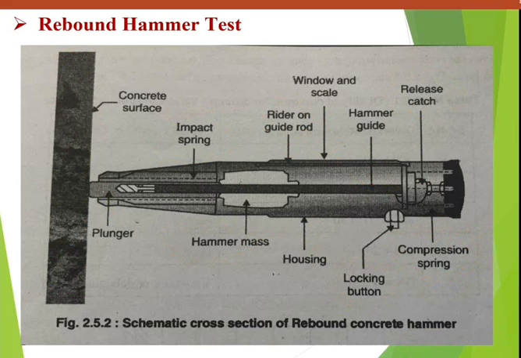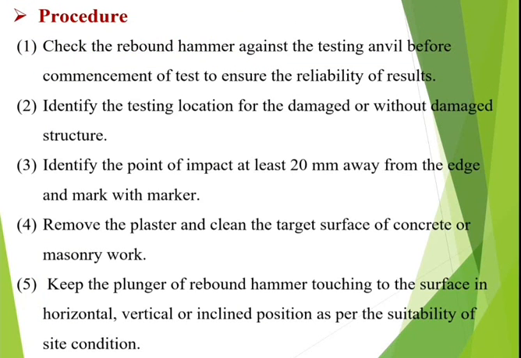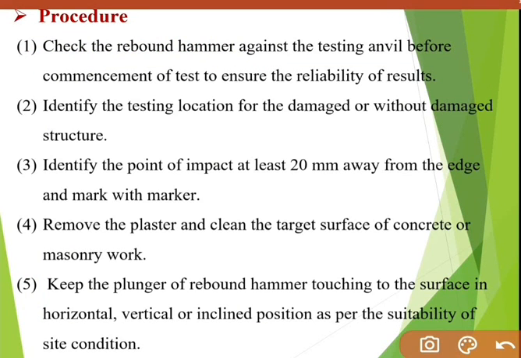Now let's see what is the procedure for rebound hammer test. First of all, check the rebound hammer against the testing anvil before commencement of test to ensure the reliability of results. Before starting the rebound hammer test, we should check the correctness of the measurements against the testing anvil.